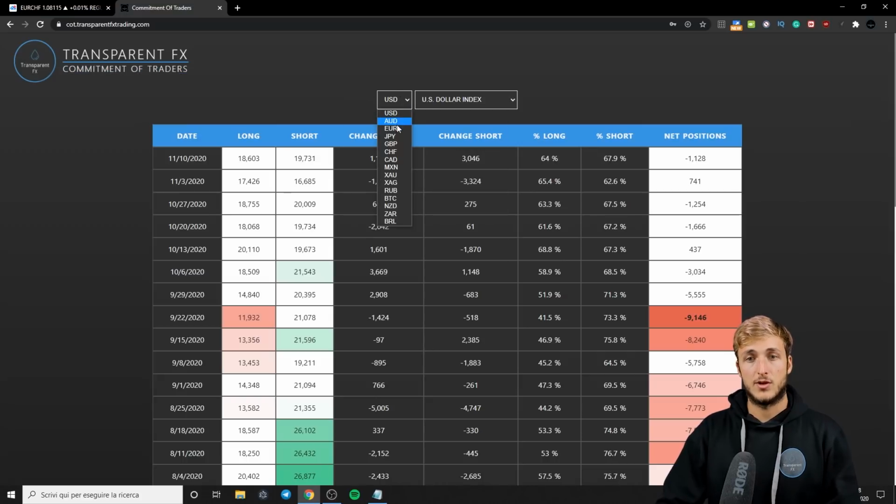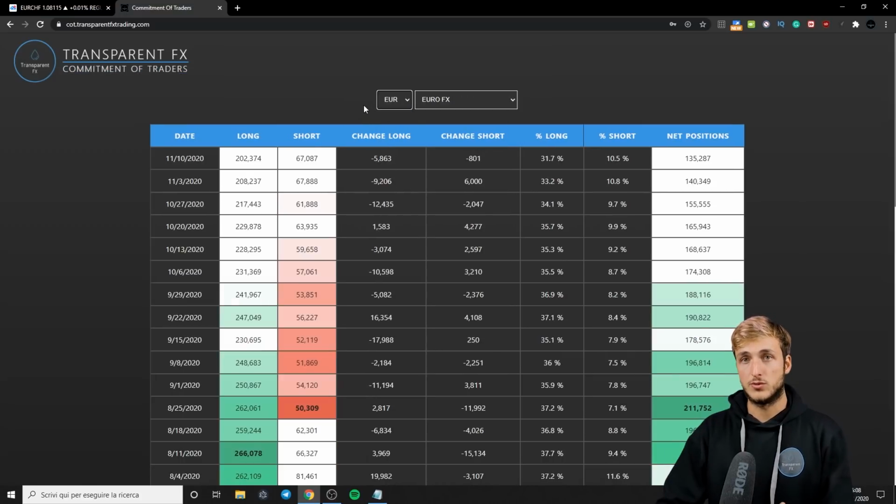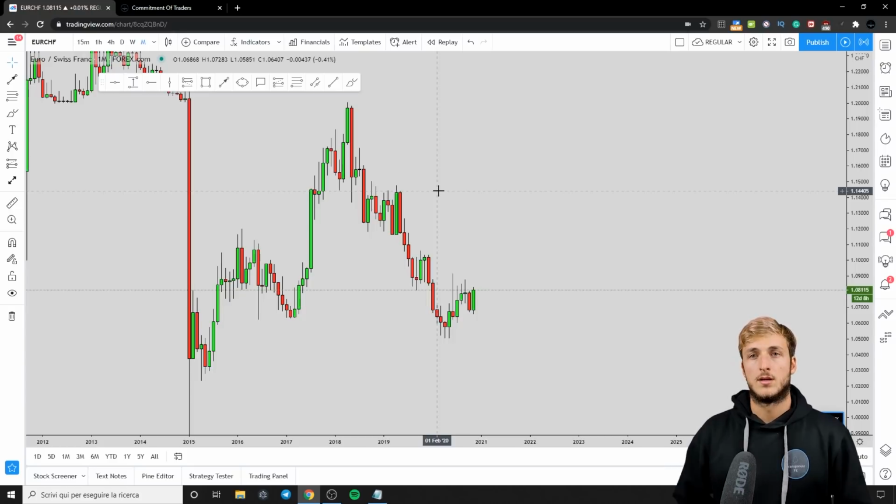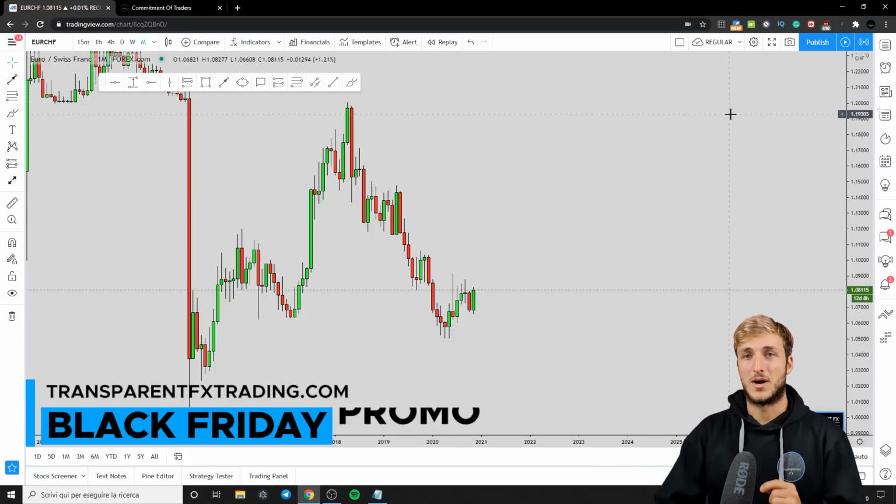And by the end of the video, by using the combination of these two different types of analysis, so order flow to see what the smart money in the market is doing, and technical analysis, we will be able to understand exactly where are the best probabilities for this pair and how we can be looking for an opportunity on it.